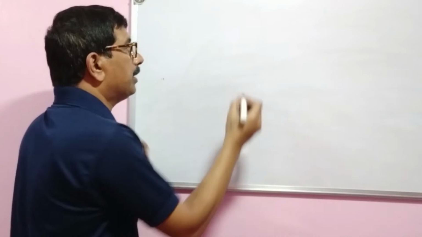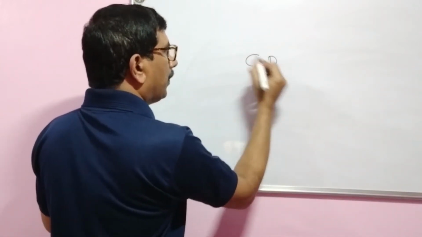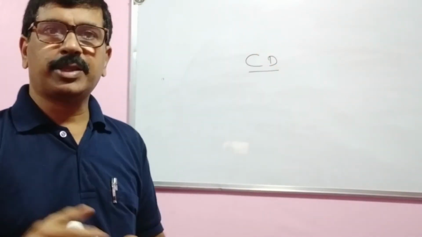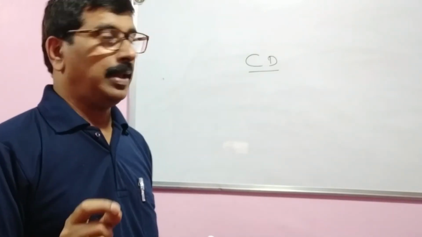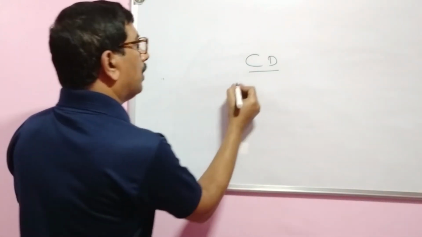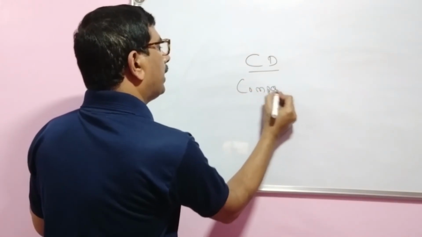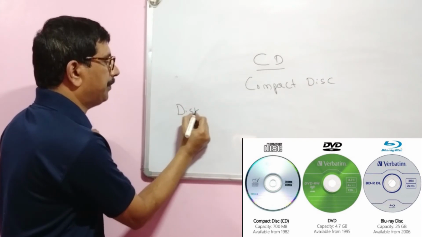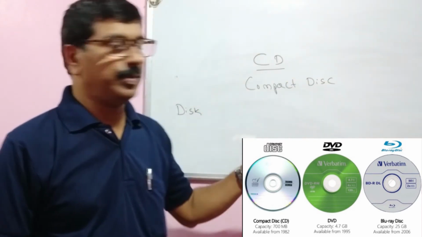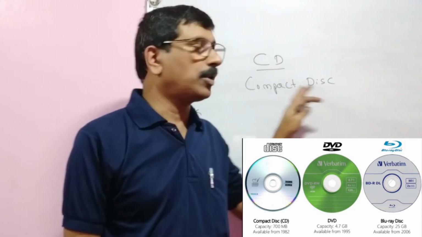Next we will see CD. The full form of CD is compact disc. Commonly we write it in two ways, D-I-S-C or D-I-S-K, but here we will use D-I-S-C, compact disc.